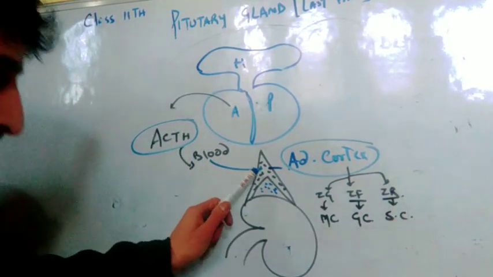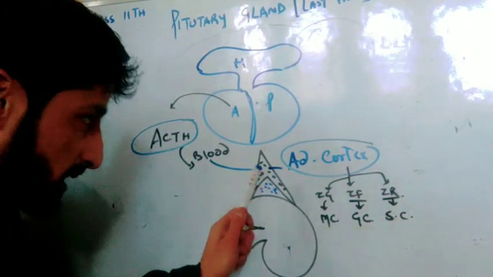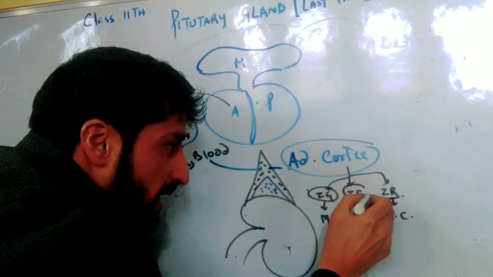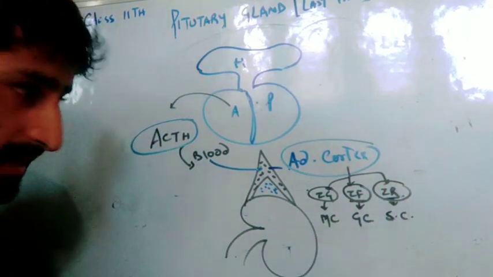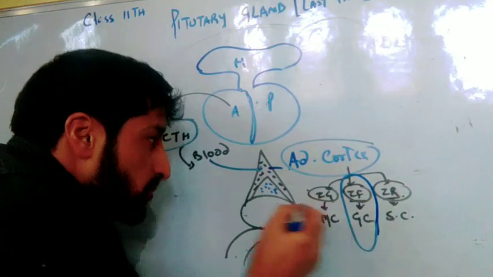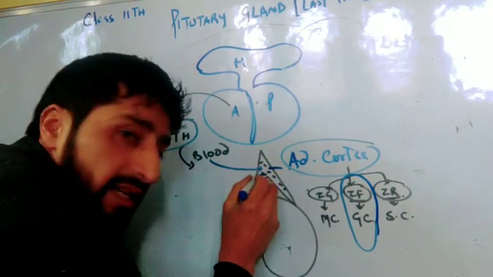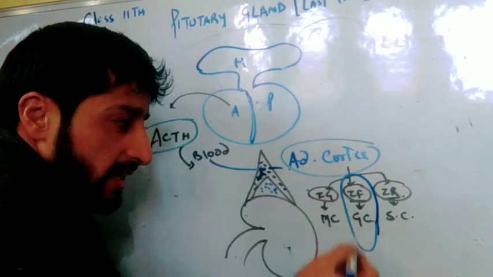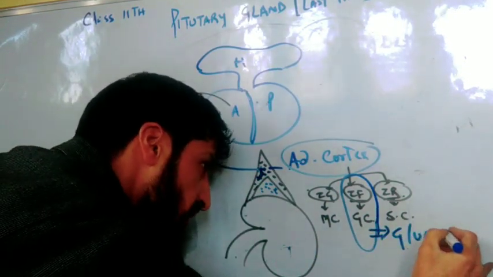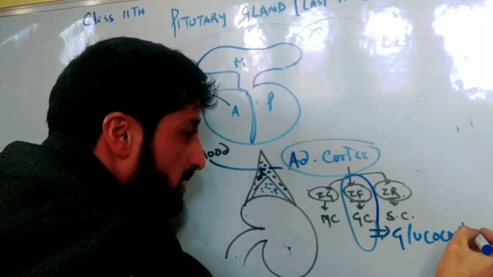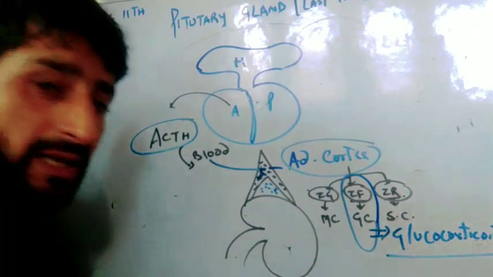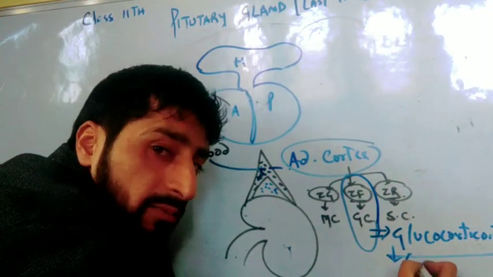It is this zona fasciculata layer of cells. These zona fasciculata cells will produce a special hormone that you call glucocorticoids. The most important example of glucocorticoids is the cortisol hormone.